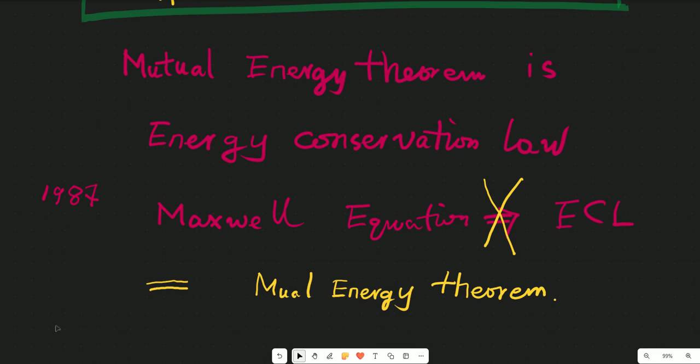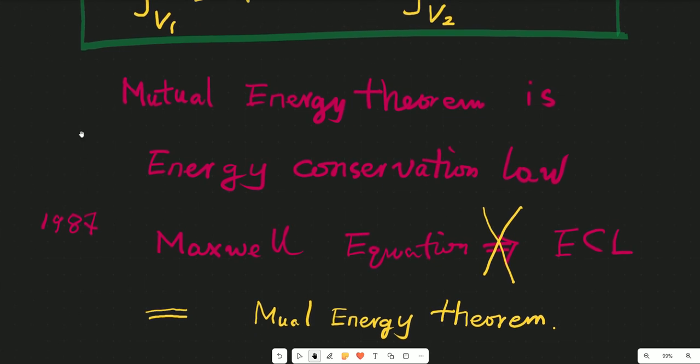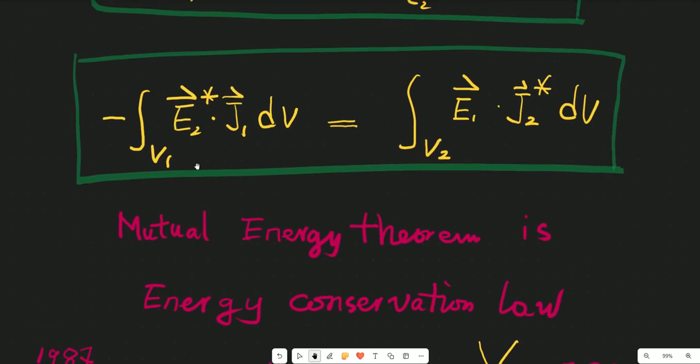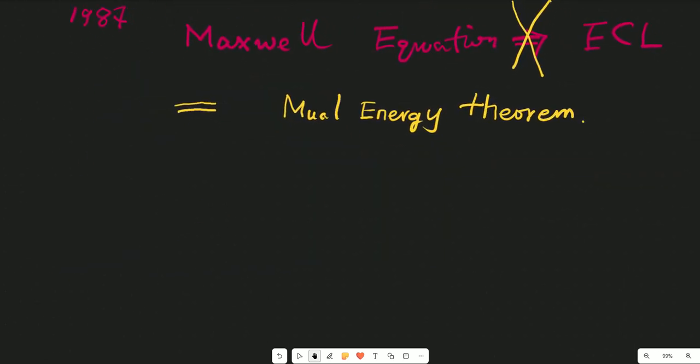What is the difference between the energy conservation law and the mutual energy theorem? Let me give you explanations. So this mutual energy theorem or energy conservation law can be written in time domain.